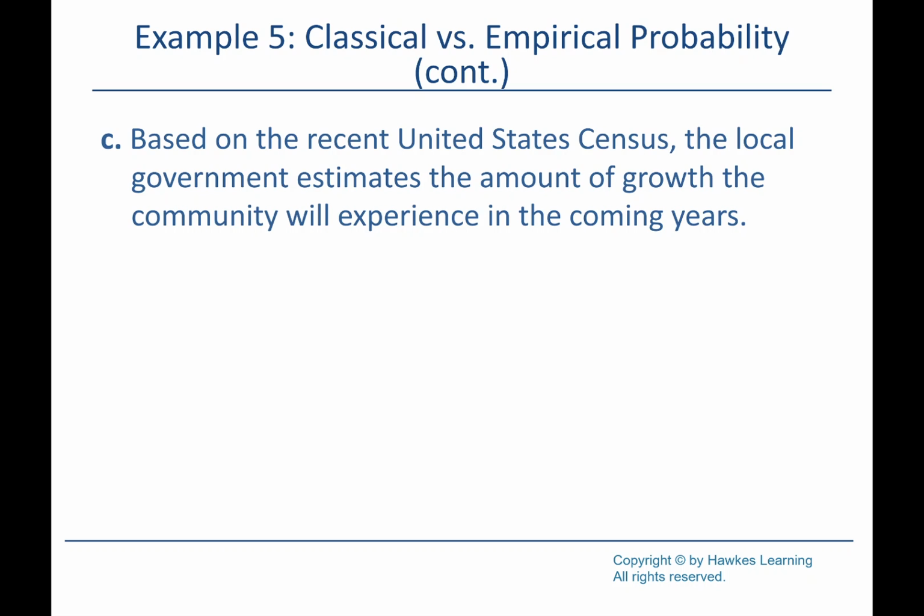That's the idea. So if that were true, if we did collect data from everybody, then we could call this one classical probability. But do you think they actually get everybody when they did the census? No. So really, in reality, it's really empirical probability. So at its heart, it would be classical, but in practice, it's really empirical.